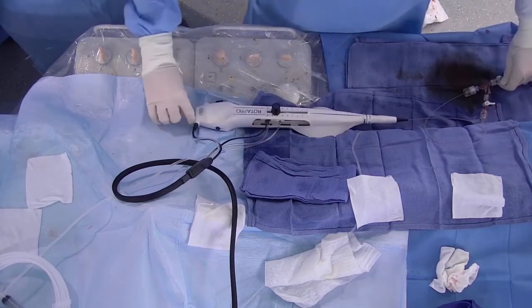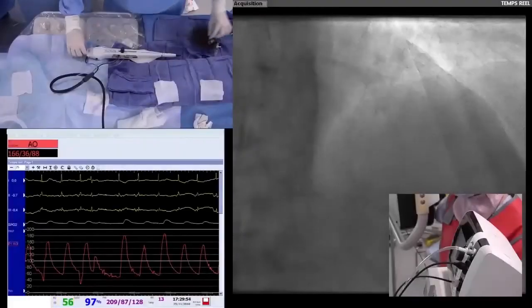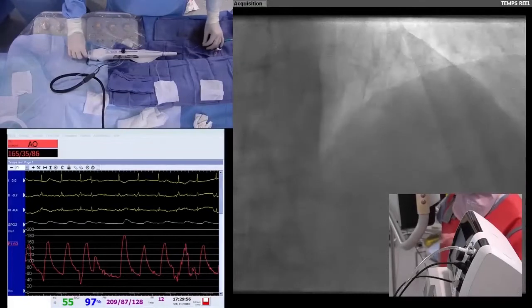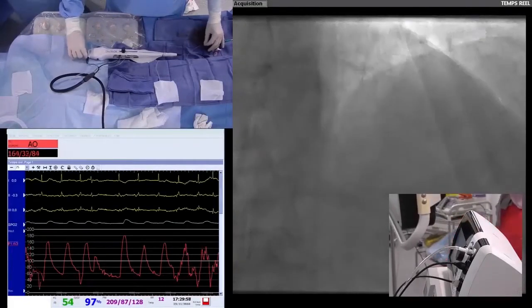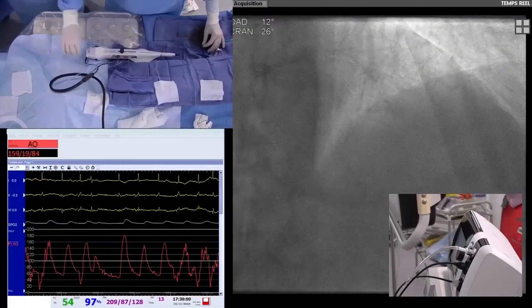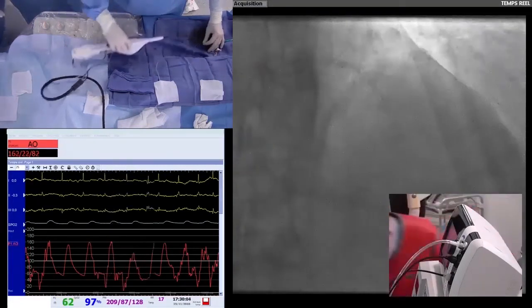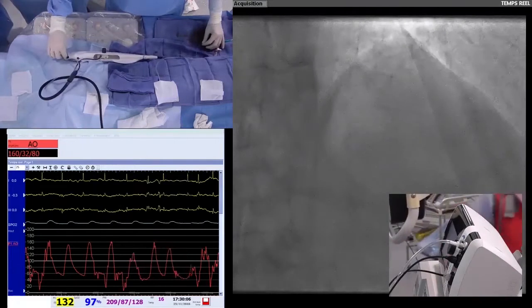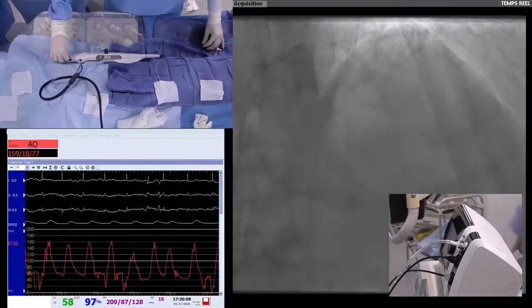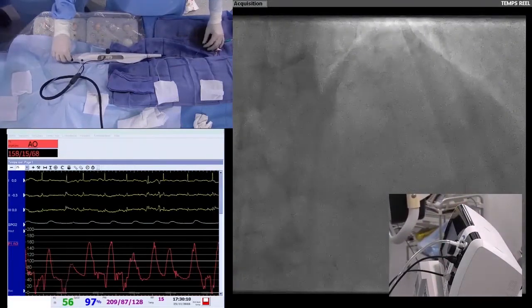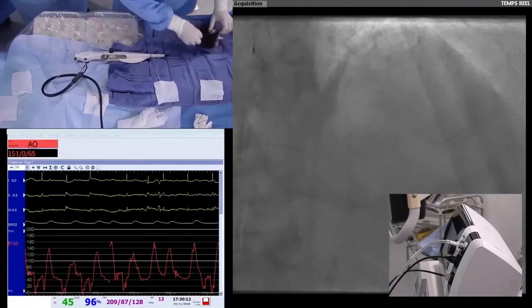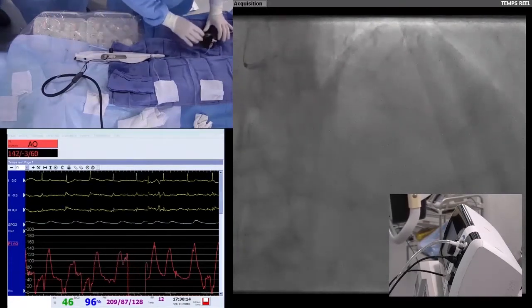But sorry, I have to check the tip of the guiding catheter. Okay, so everything is okay. And you know, I am using a radial approach, and there is also an ostial lesion. So, due to the tortuosity inside the guiding catheter, I can have some friction. So I will test the burr in this part.